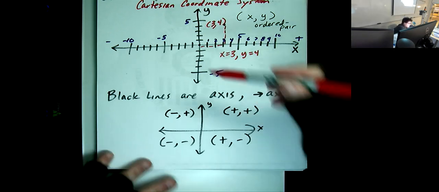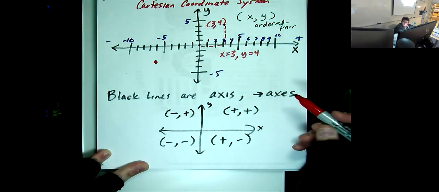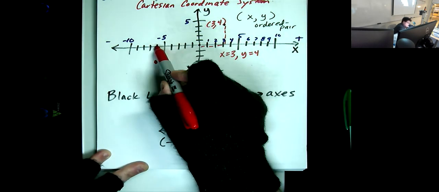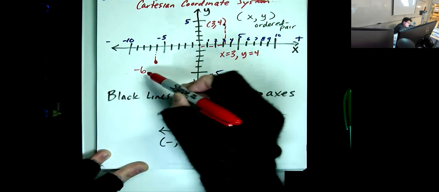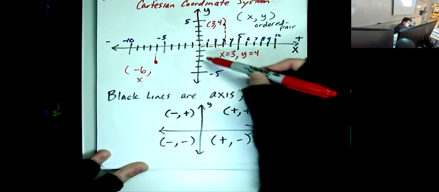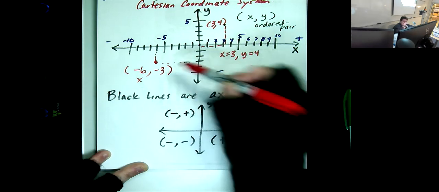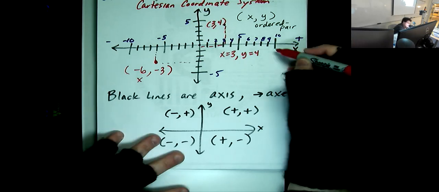So if I did another point over here, I could figure out what it is by coming over here. This looks like it's at the -6 line for the X value. And for the Y value, it looks like it's down 3. So (-6, -3). I can do that with other points.